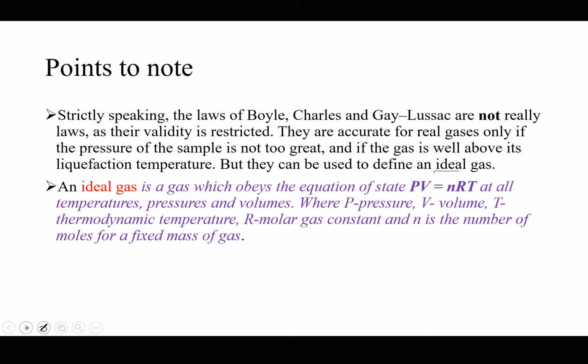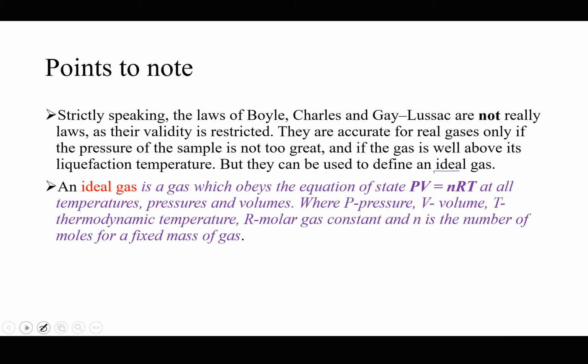P is the pressure of the gas, V is the volume of the gas, T is the thermodynamic temperature, R is the molar gas constant, and n is the number of moles of a fixed mass of a gas. So that is an ideal gas. It obeys the equation PV = nRT at all temperatures, pressures, and volumes. You define all the quantities.